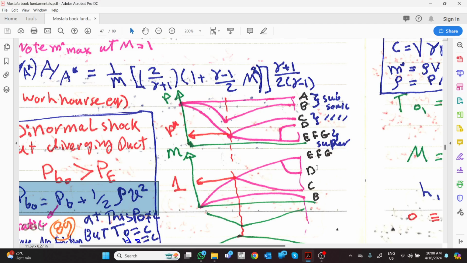This is pressure, this is the length of the nozzle, and this is the nozzle location.